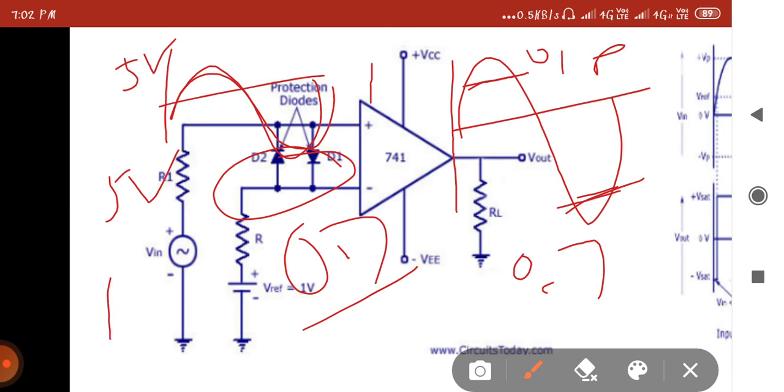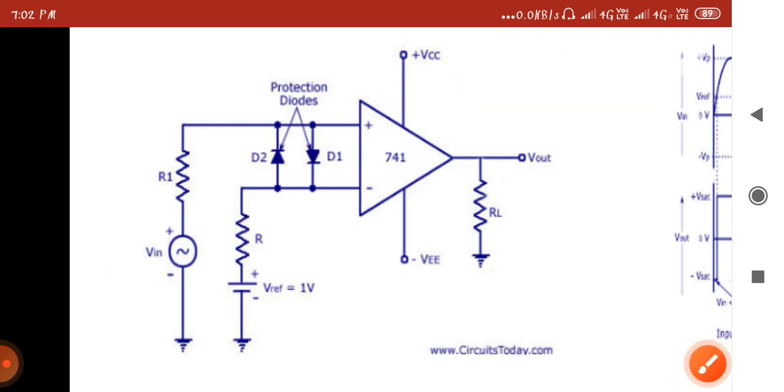Then your output waveform is like that. That is the meaning of clamping. These diodes are called clamping diodes.